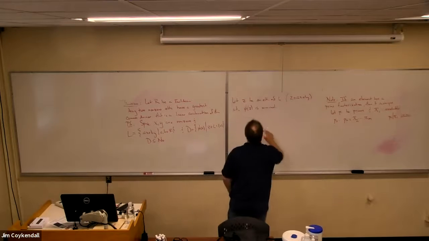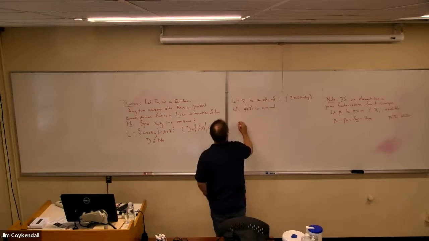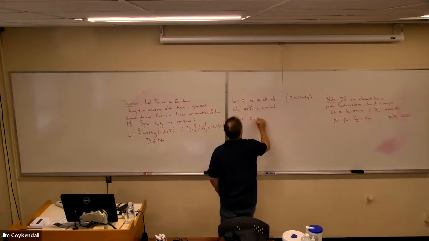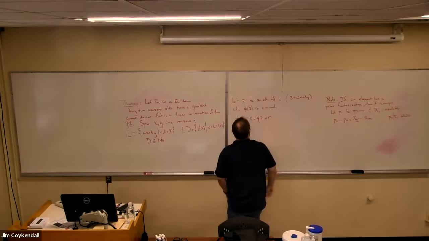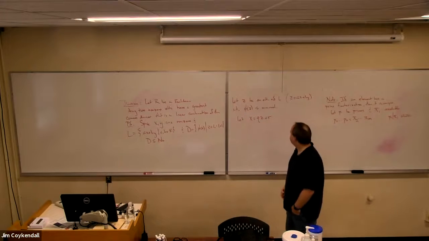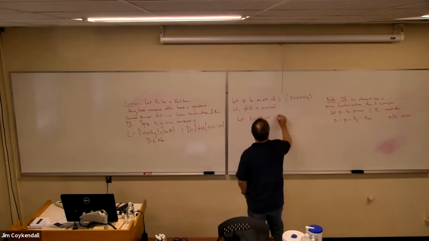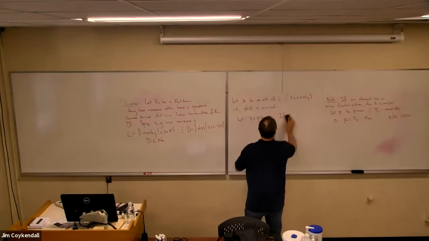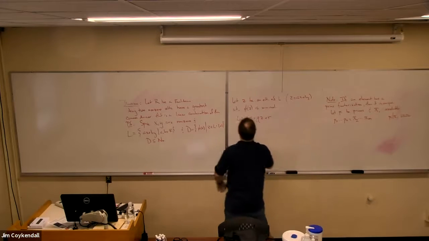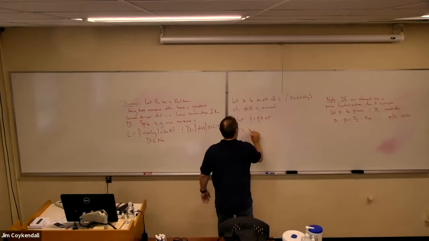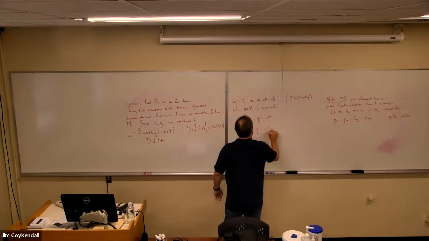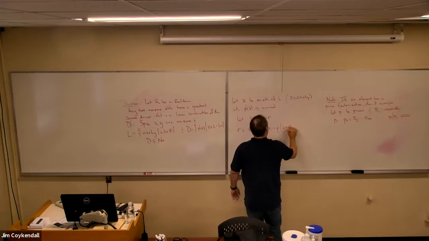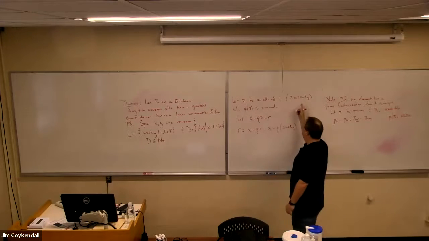So I claim that Z divides X. Let X equal QZ plus R. Note that R equals X minus QZ, which is X minus Q times (AX plus BY), because Z is a linear combination.